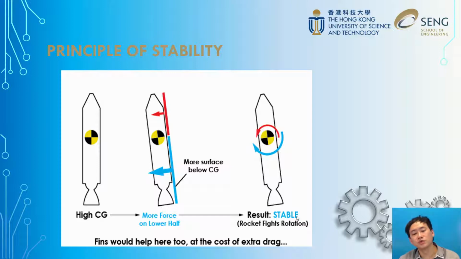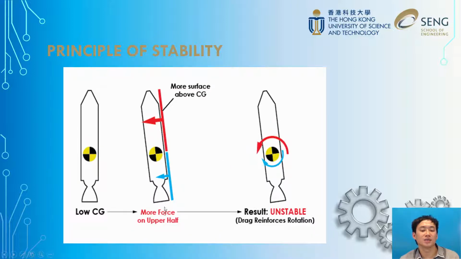Another solution to achieve stability, if the center of gravity cannot move towards the tip, is this: if we come back to this situation, this is true only when the whole rocket has a similar thickness.